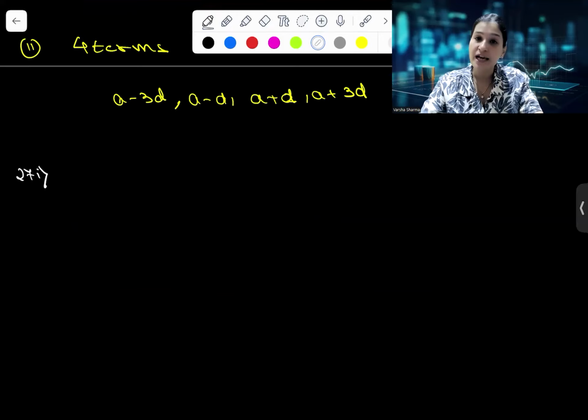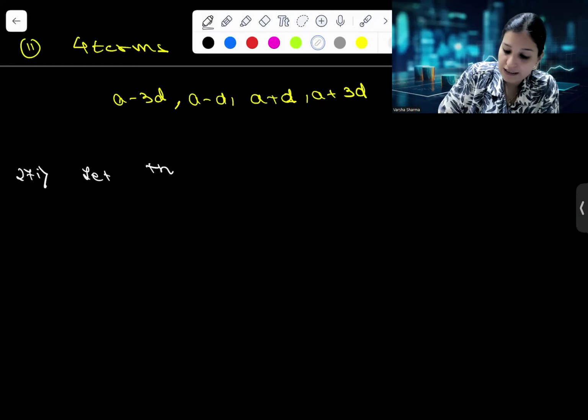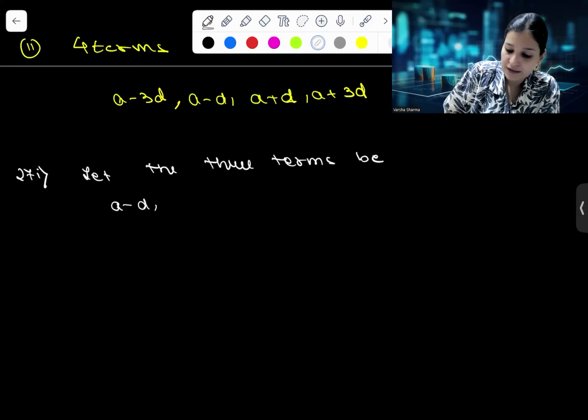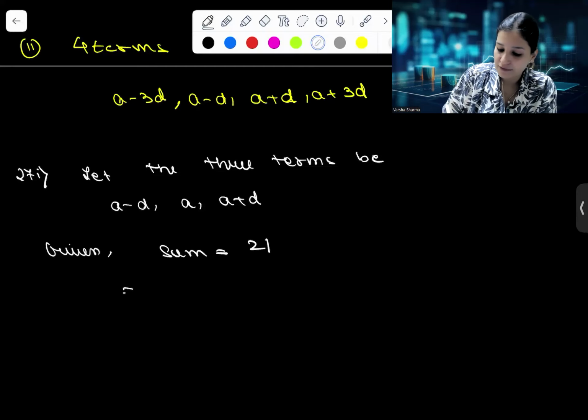There are three terms, and to find them we are given both the sum of the terms and the product. So let the three terms be A minus D, A, A plus D. Given sum is 21.